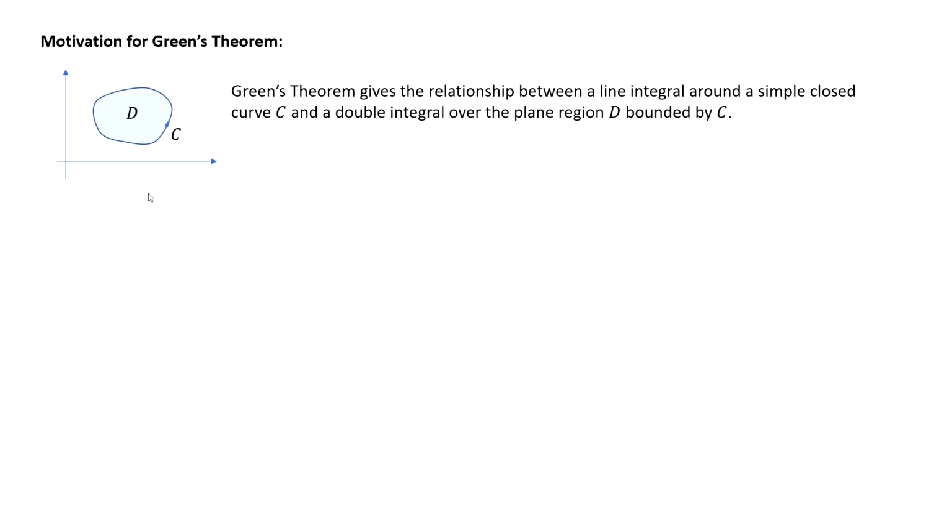Okay, now what Green's theorem does is, hey, guess what? If you want to evaluate the integral on this closed line integral, it's exactly the same as finding the integral over the area that this thing covers.